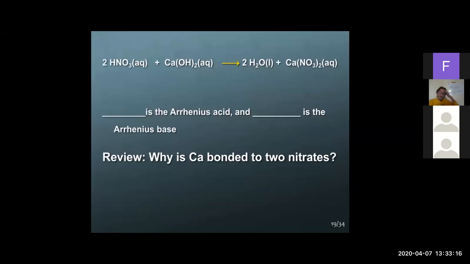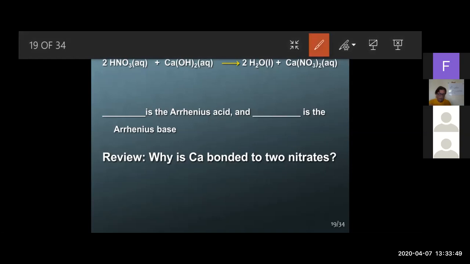Now let's look at this reaction up here. What we have here is nitric acid, HNO3, reacting with calcium hydroxide, very similar to magnesium hydroxide. Okay, and you recognize that you have nitric acid reacting with 2 hydroxides. So the nitric acid has 1 proton, and the hydroxide has 2 hydroxides. Okay, let me see if I can highlight that.